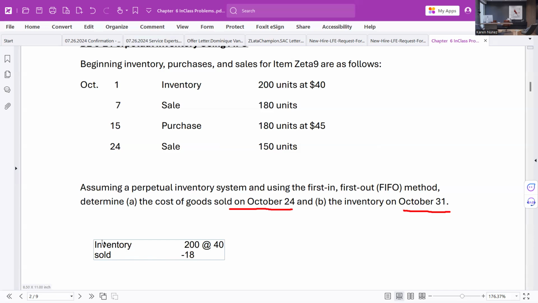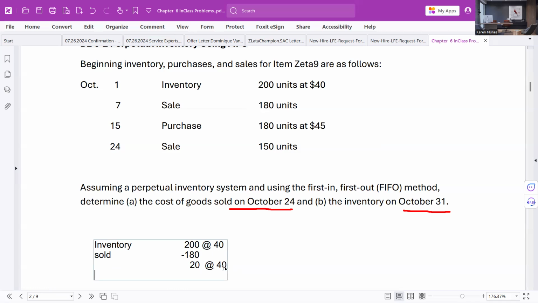So minus 180 means that all we're going to have left are 20. So after we do that, we've only got 20 units left, and those 20 units have a cost of $40. Perpetual: after every transaction, we've got to adjust our inventory. So we have an inventory of 200 at 40. We sell 180, we're left with 20, and those 20 have a cost of 40.